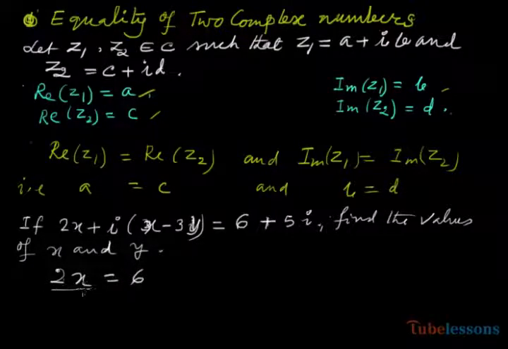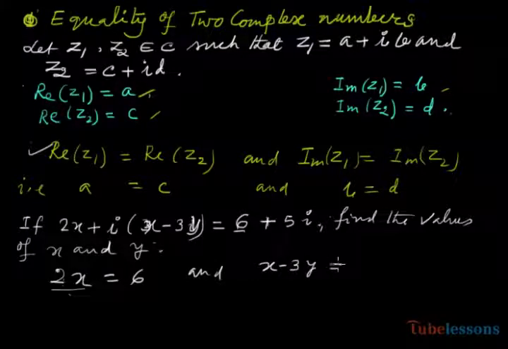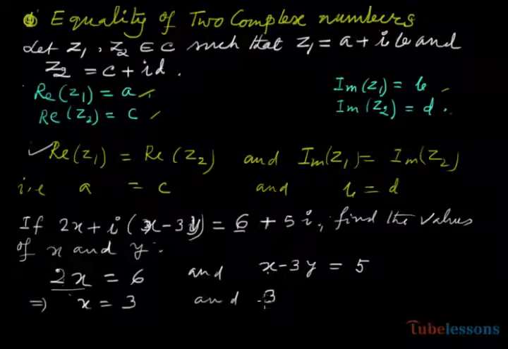So here the real part is 2x and on the right the real part is 6. So 2x equals 6, because these two are equal, so real Z1 is equal to real Z2. And x minus 3y is equal to 5. Now from the first equation we obtain x equals 3. And when we put x equal to 3 here, we get 3 minus 3y is equal to 5.